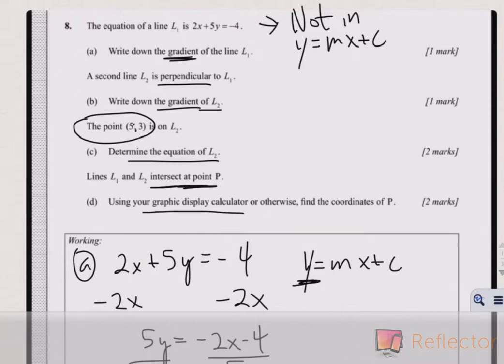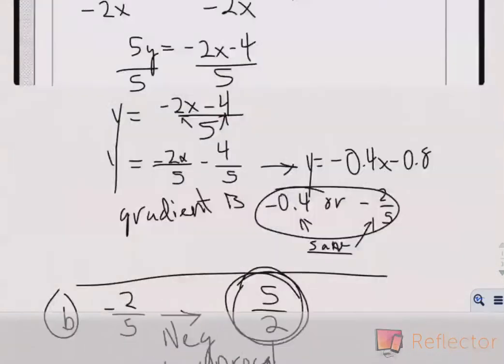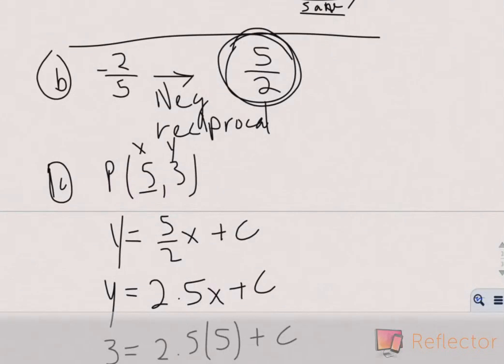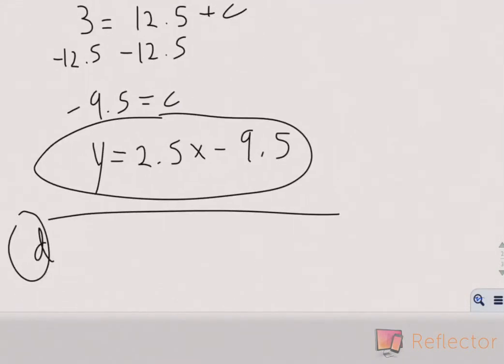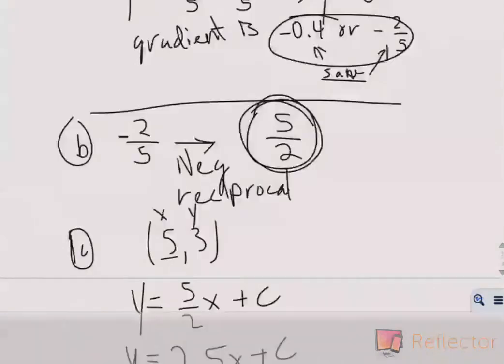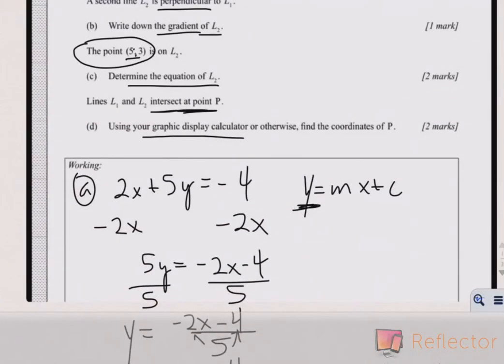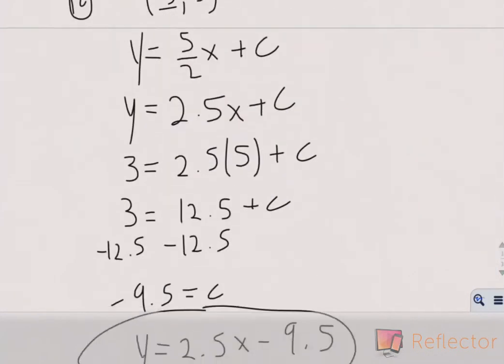Oh, no, it's not this point. So I was wrong. This is not point P. This is just the point that this goes through. They intersect at point P, and we have to find the coordinates of that point. Notice that it tells us very clearly here that it wants the coordinates of P. So we have to make sure that we are looking for the coordinates of P.